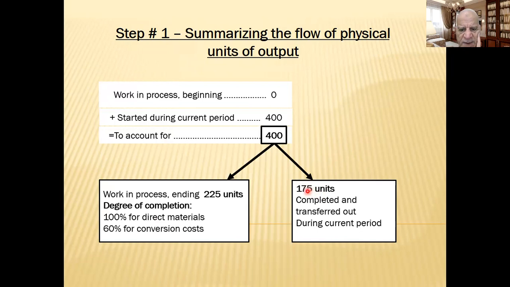These completed units and these uncompleted units, we need to add both of these together, but addition will be incorrect in this manner, because these units are 100% completed, but as for the ending inventory, 225 units are not 100% completed for each cost item. So in order to add these units, we have to convert these under processing units into equivalent units, convert them to what will equal completed units.